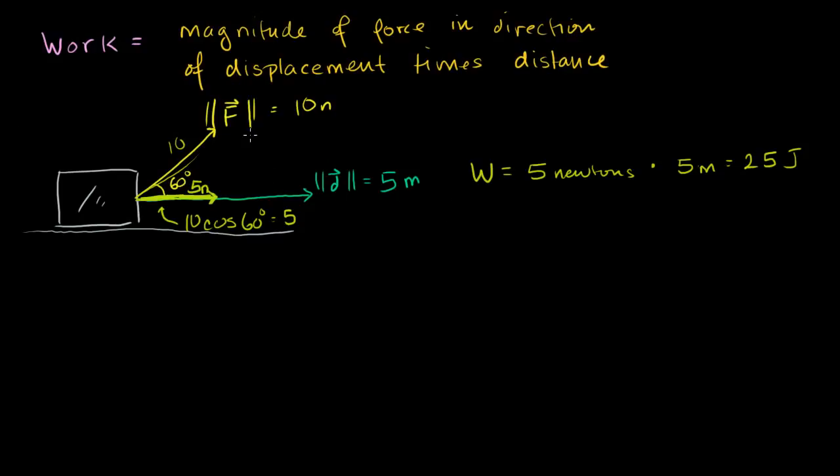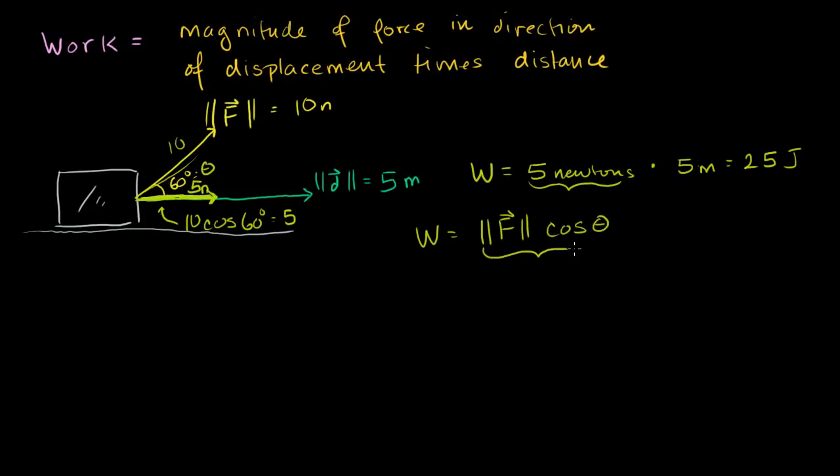What was the work? If I wrote it in the abstract, the work is equal to the 5 newtons, that was the magnitude of my force vector, times the cosine of this angle. Let's call that theta, let's say it really generally, so times the cosine of the angle.